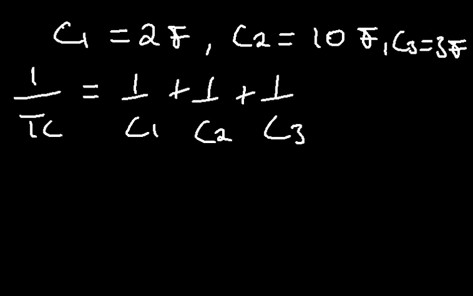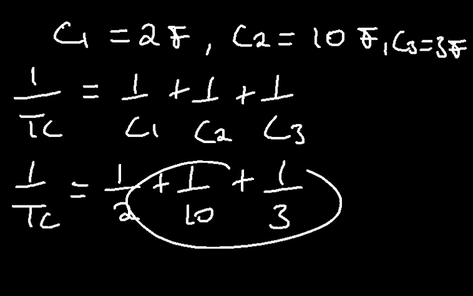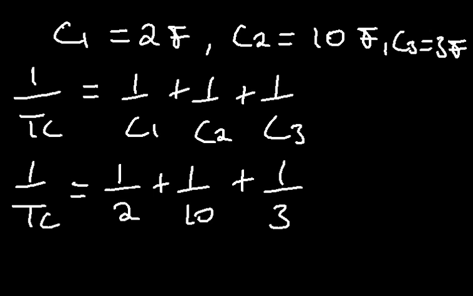So 1 over total capacitance is 1 over 2 plus 1 over 10 plus 1 over 3. Now we're going to combine these fractions, starting with the first two using the butterfly method.